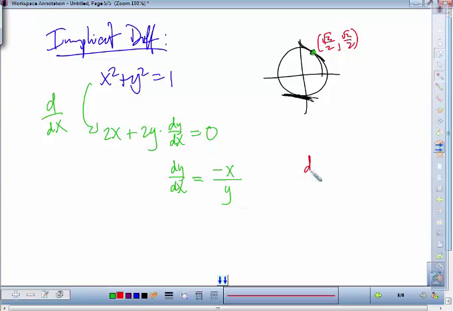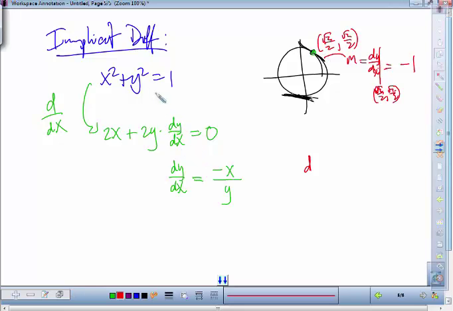The slope m is equal to the derivative dy/dx evaluated at this point. When you put root 2 over 2 divided by root 2 over 2, you get negative 1, which kind of makes sense. This is a negative 1 slope, right? So that's how we did implicit differentiation back then.